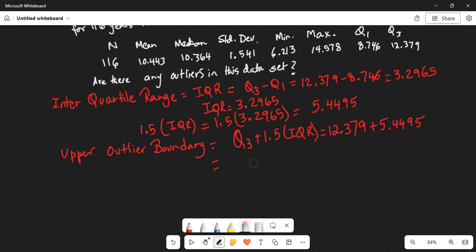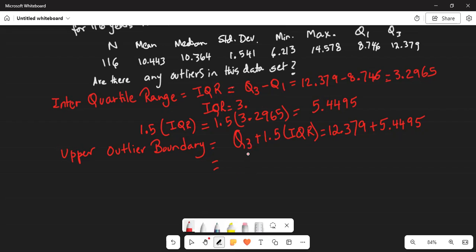12.379 minus 8.745 is equal to 3. This is wrong, so let me correct that. My interquartile range had been incorrect.